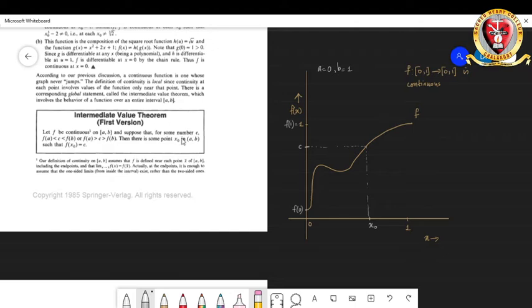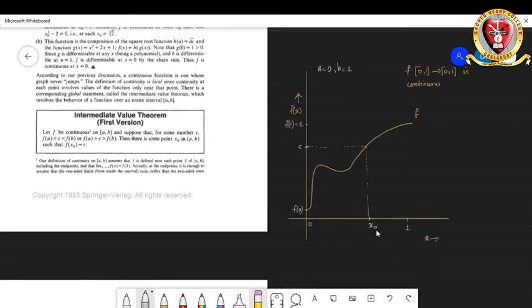You have to take a c which is strictly in between f of 0 and f of 1. Then we are saying that if we choose such a c, we are able to find an x naught inside this domain, which is not 0 or 1.